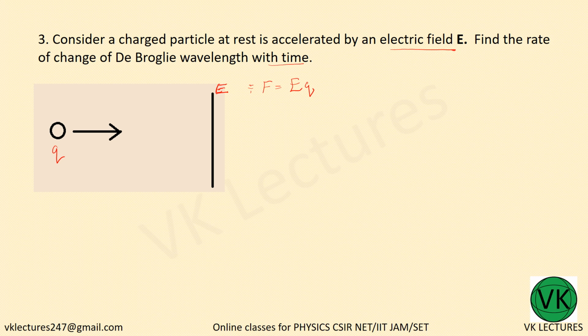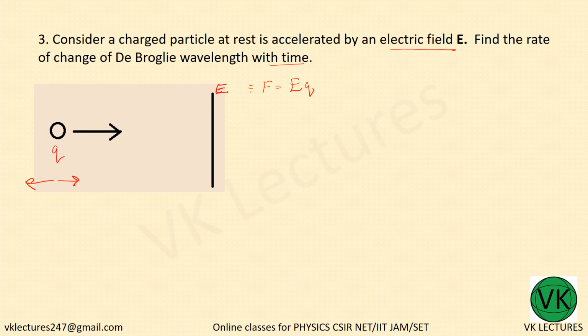Now this particle is at rest right now, so when the electric field is applied, this charged particle Q will be moving towards it or away, depending on the charge of the particle.